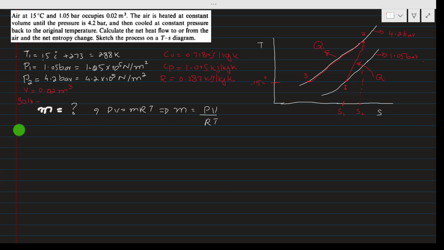Now put in the values. The initial pressure is 1.05 multiplied by 10 power 5, multiplied by the volume, that is constant, 0.02, divided by 0.287, and to convert that kJ into joules, just multiply with 1000, multiplied by the temperature, that is 288.